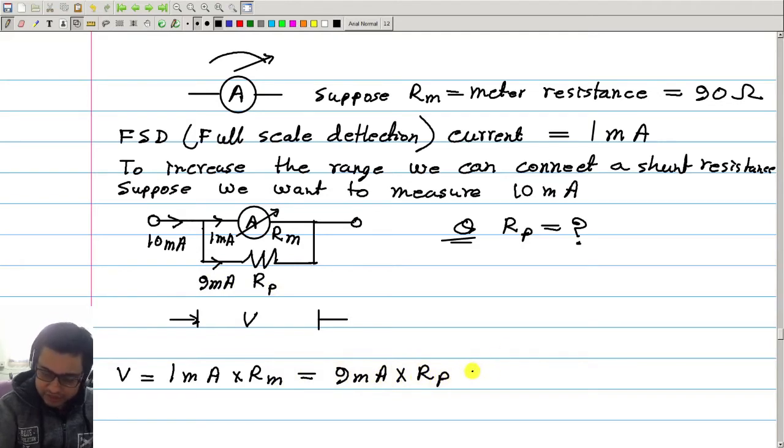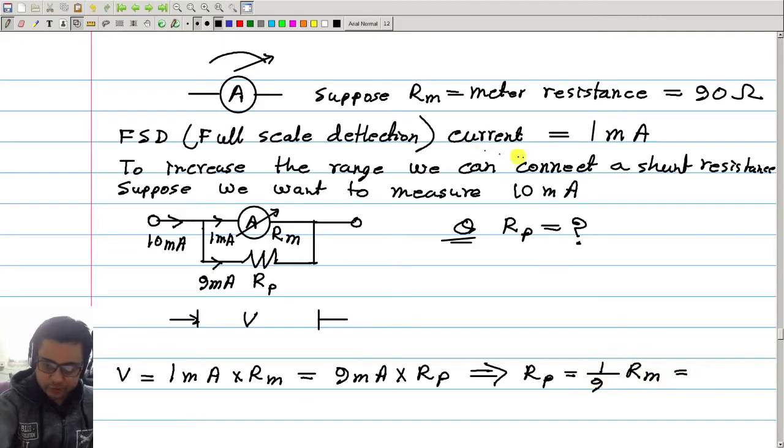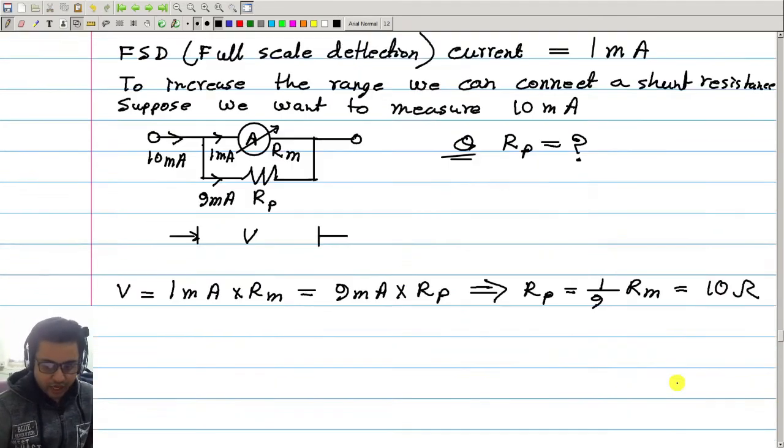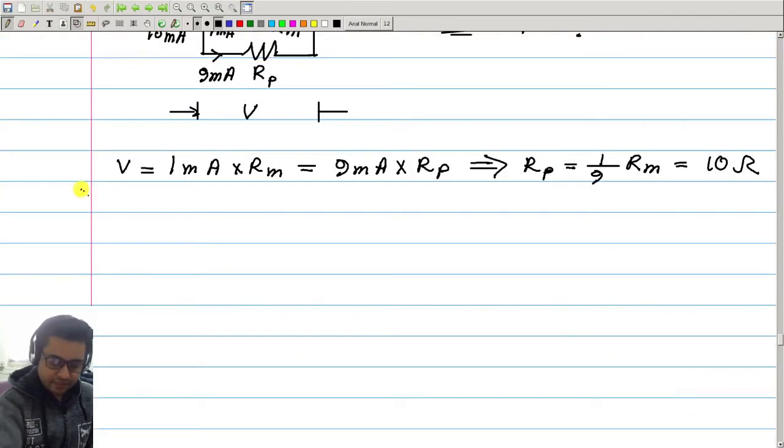So that means Rp will be equal to 1 by 9 of Rm, and Rm is given to be equal to 90, so this should be 10 ohm. This way we can change the range of an ammeter.